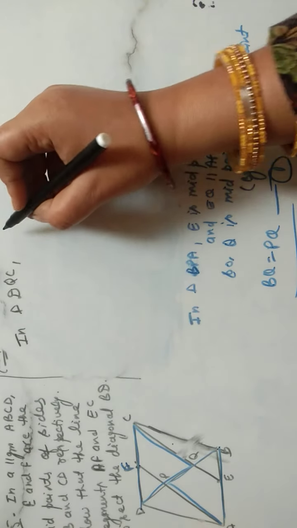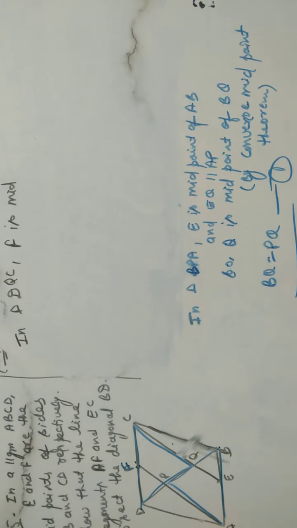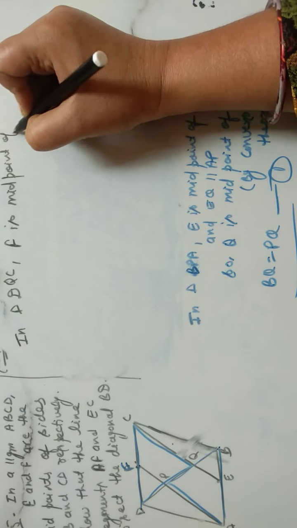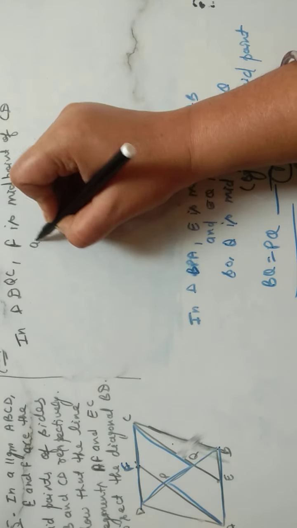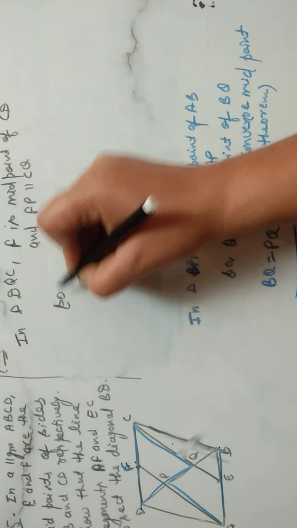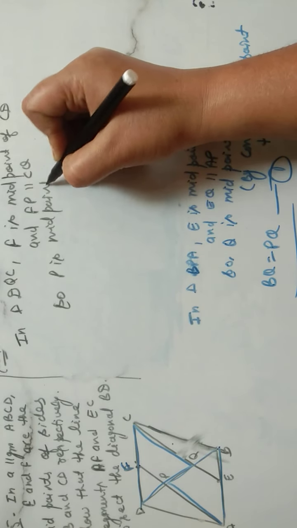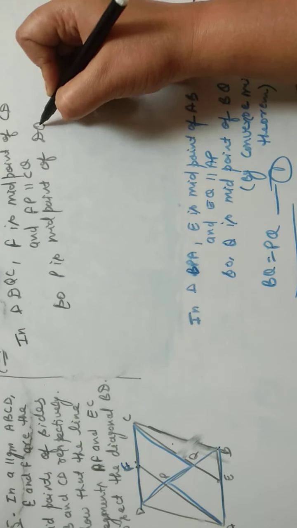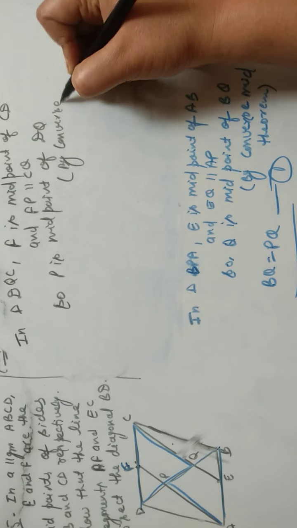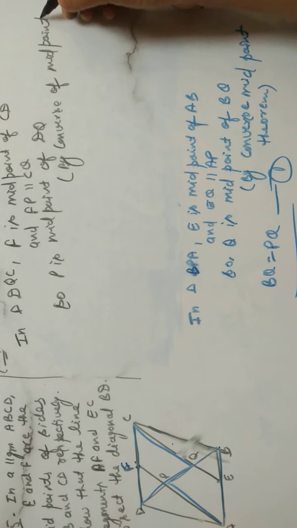In this triangle, F is the midpoint of CD and FP is parallel to CQ, so P is the midpoint of DQ, and the reason is by the converse of the midpoint theorem.